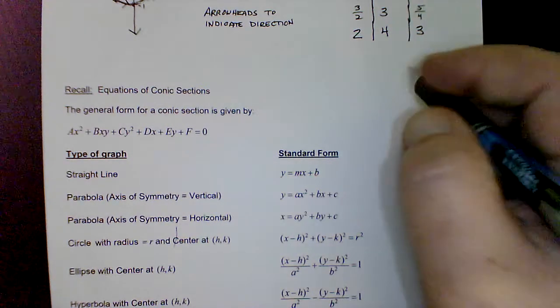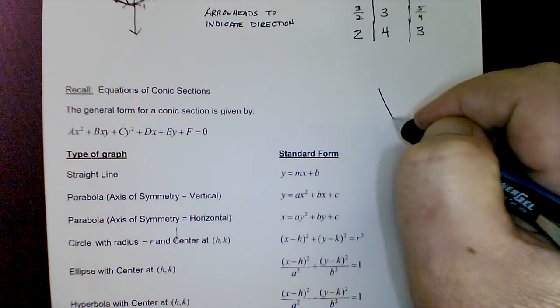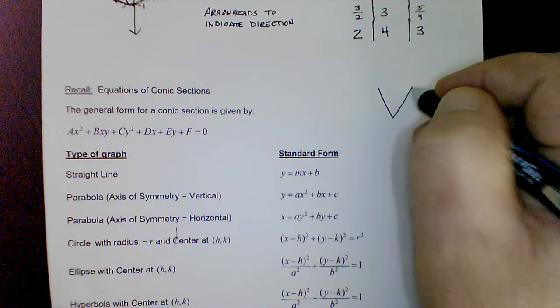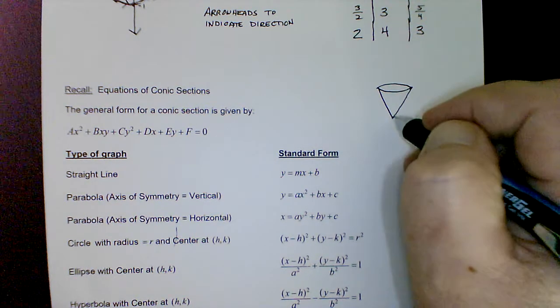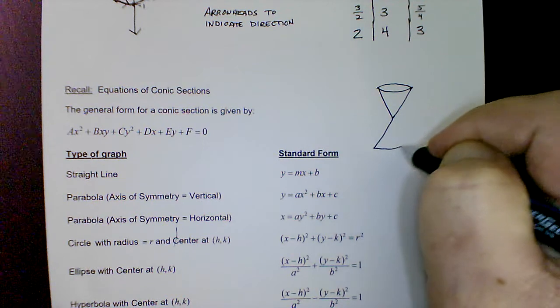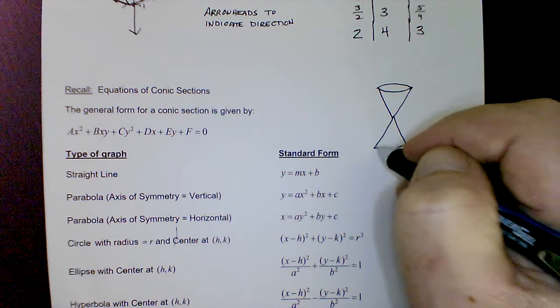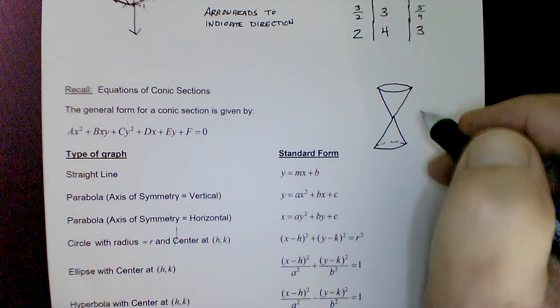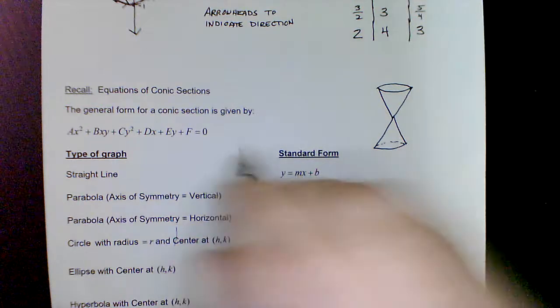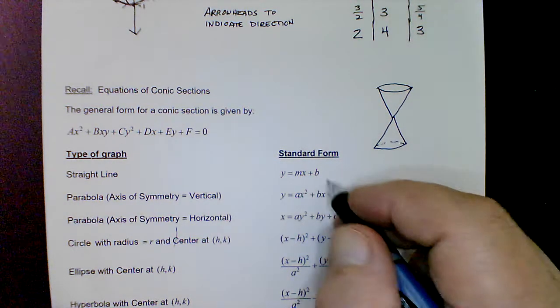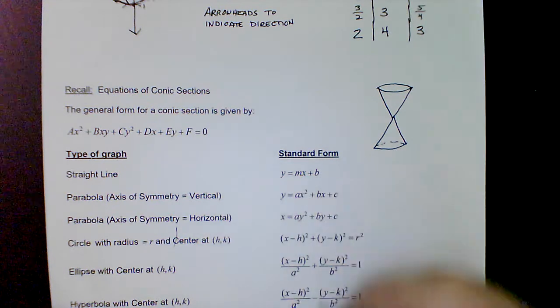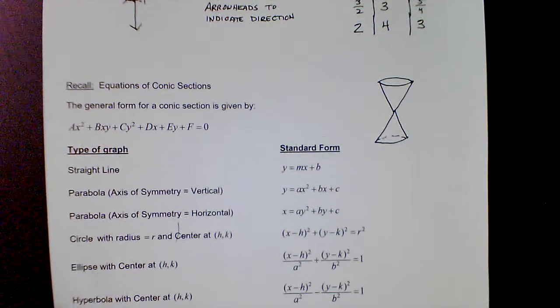A conic section comes from a double-napped cone. So you have a cone on top of a cone. And you slice the cone with a plane, a two-dimensional surface. And then you generate what we call the conic shapes.